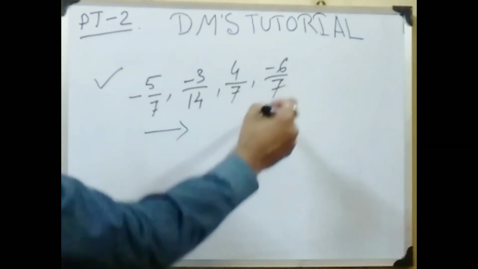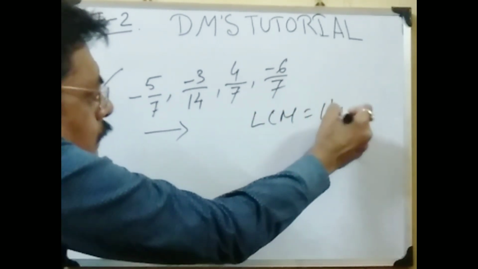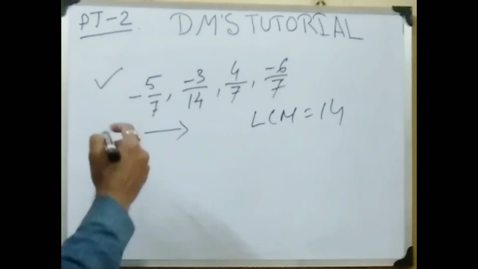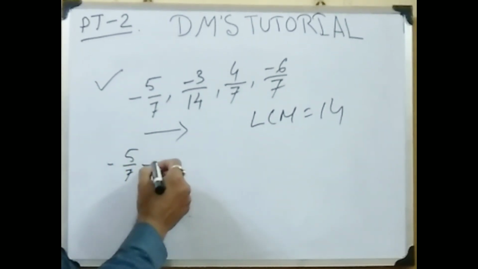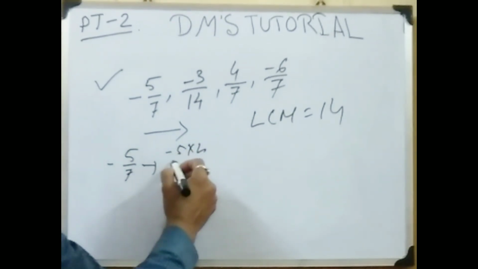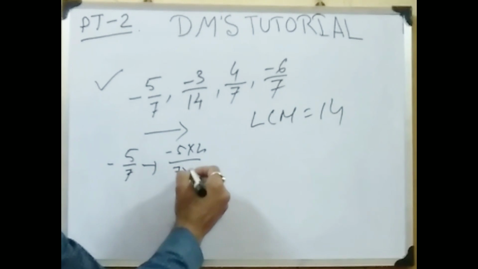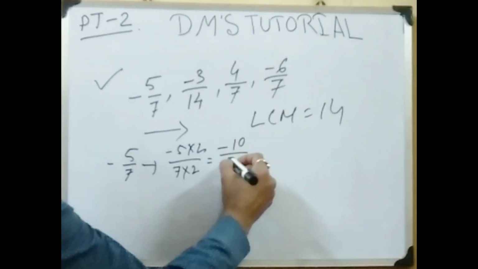These denominators have the LCM 14. So minus 5 by 7 becomes minus 5 multiplied by 2 and 7 multiplied by 2, that is minus 10 by 14.